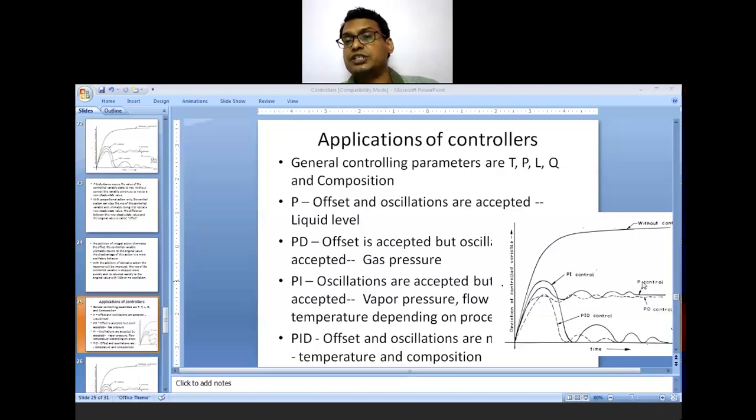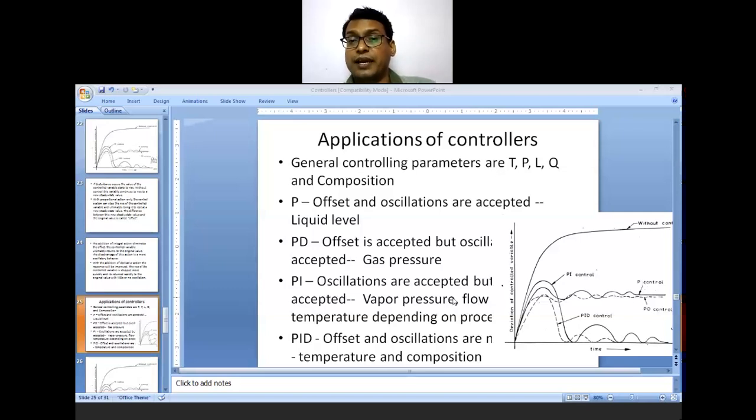So offset is accepted. If the pressure should show 5 kg, and it shows 6 kg, that can be accepted, but the fluctuations in the pressure are not accepted. Then I can select the proportional derivative controller.